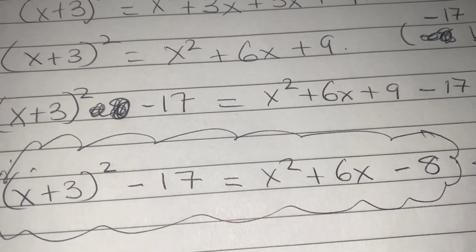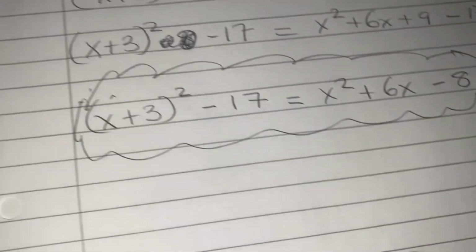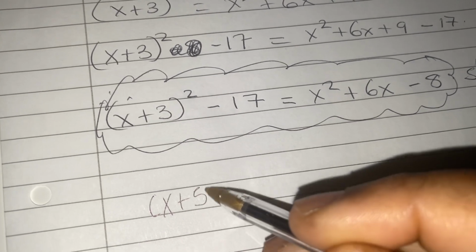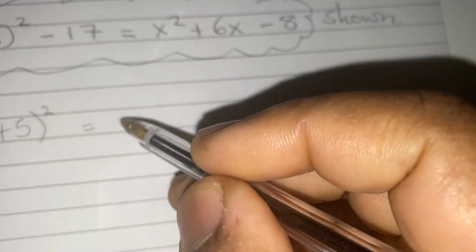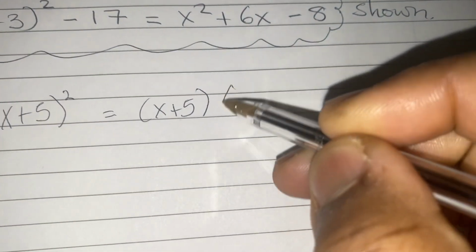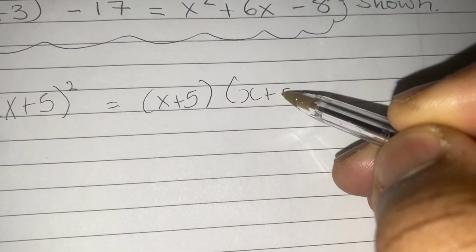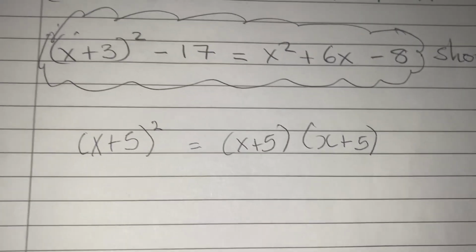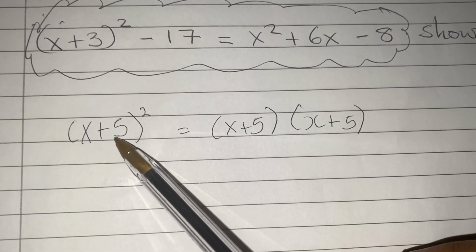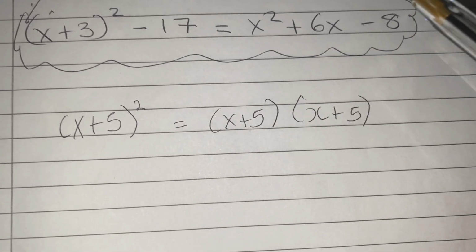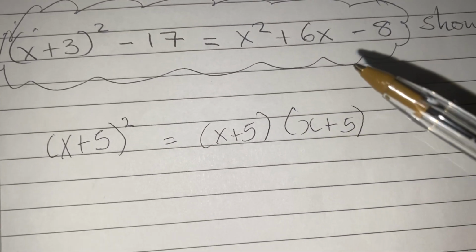If you are still struggling with expansions like x plus 5 all squared, which is equal to x plus 5 times x plus 5, I would suggest that you give yourself x plus 1 all squared, x plus 2 all squared, x plus 3 all squared.